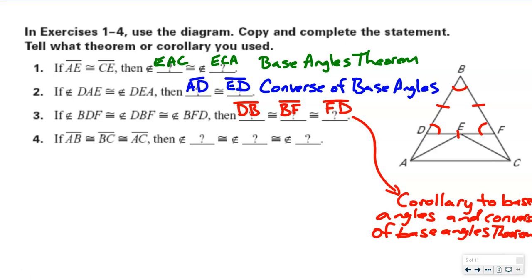So then number 4. If we can say side AB, that's this large side, is congruent to side BC, that's this large side, and congruent to side AC. So we're looking at the large triangle. Then we can state that these angles are going to be congruent. So this angle, and we would have to use 3 letters again to name it since we have multiple angles at this vertex, BAC.